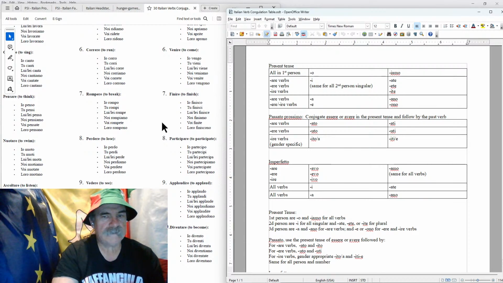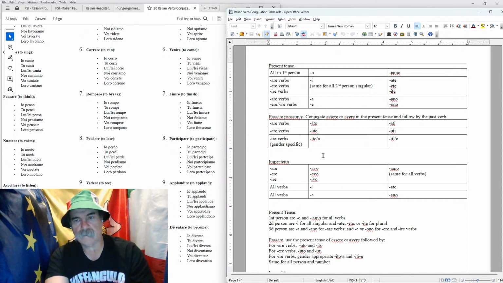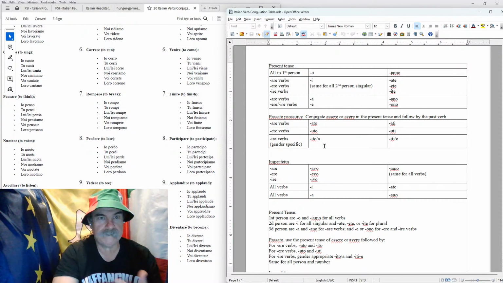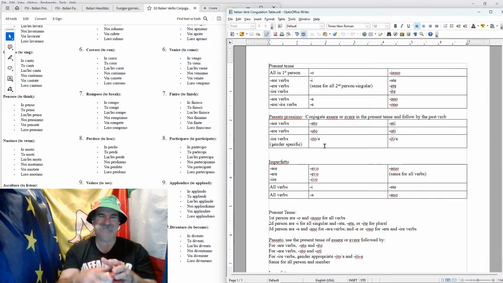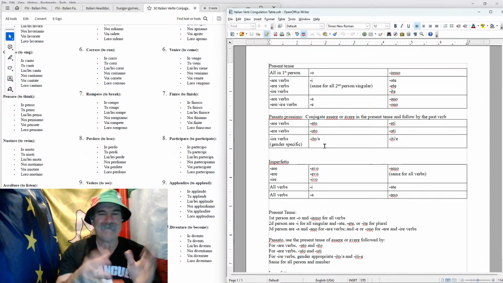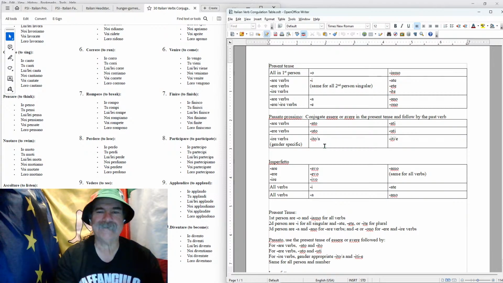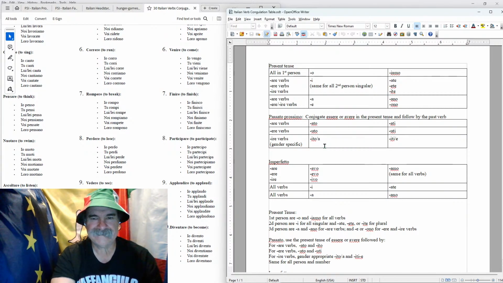Okay. That's the hardest part. The hardest thing I've had to deal with is trying to learn Italian. But within that sphere, one of the many hard things I deal with is conjugating into the past tense.